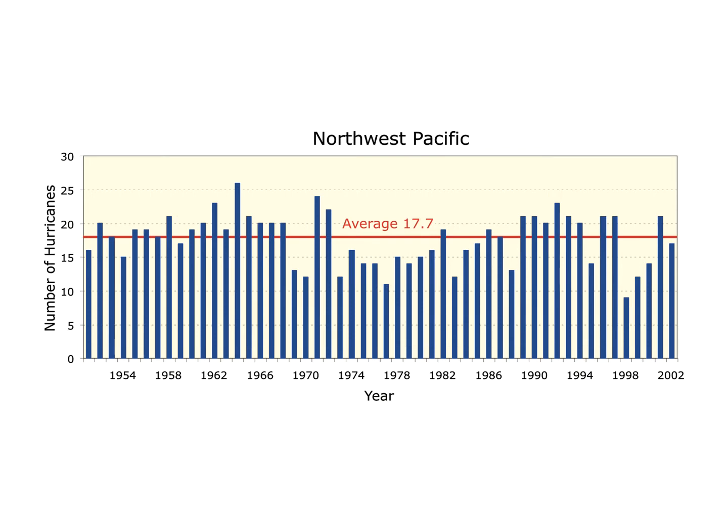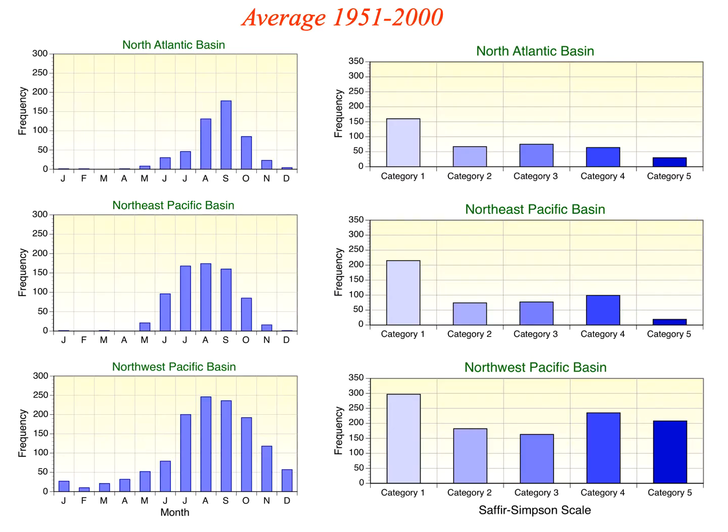As I said, the basin that produces the most hurricanes is the Northwest Pacific, an average of about 18 hurricanes per year.